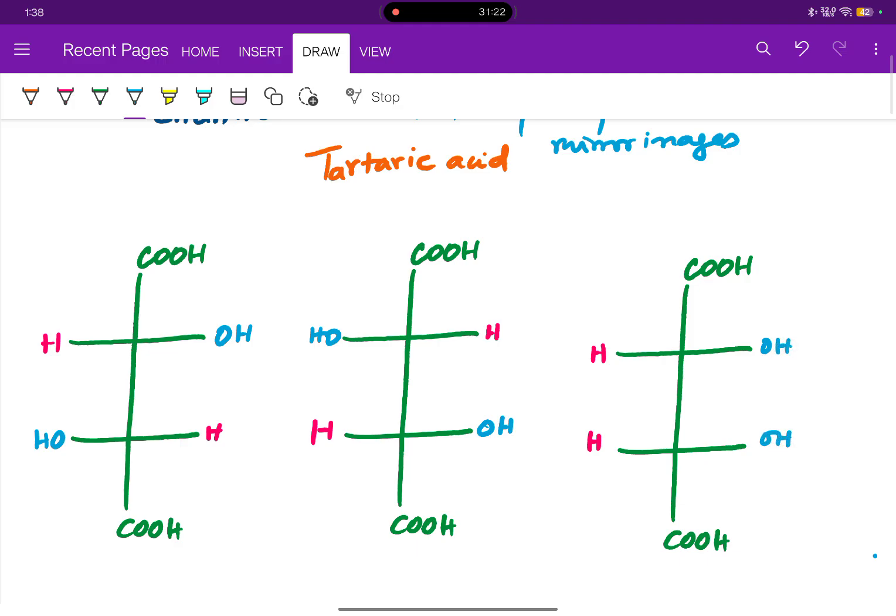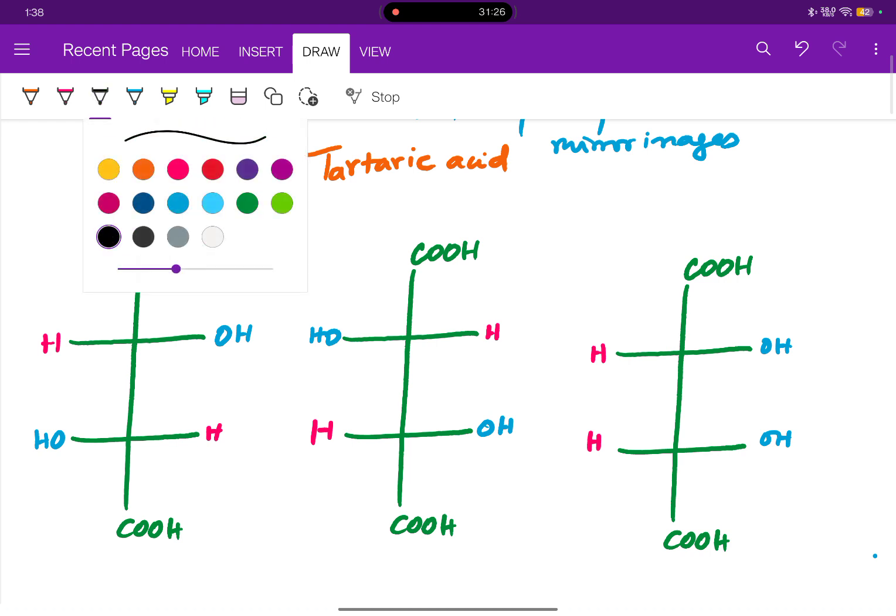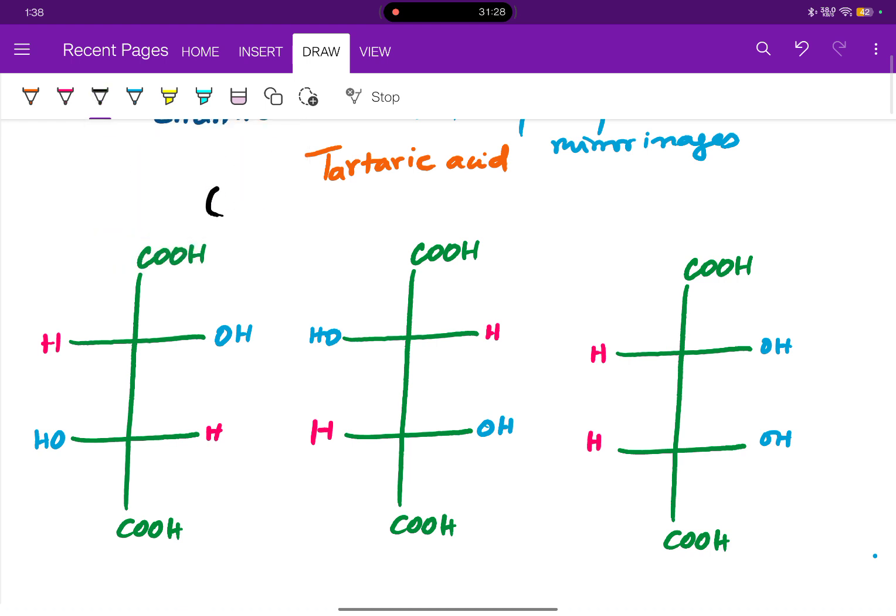So what is the IUPAC name? Any idea? How will you give the IUPAC name of these molecules? Tell me. So first we should take the longest chain.